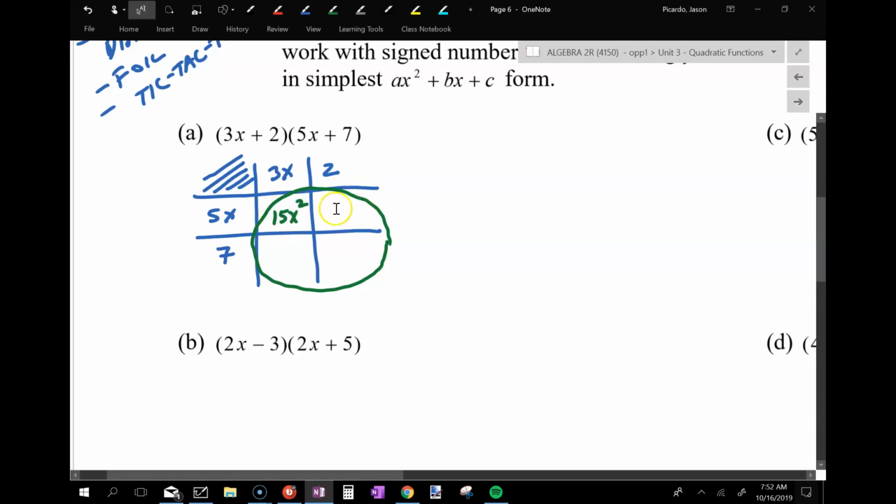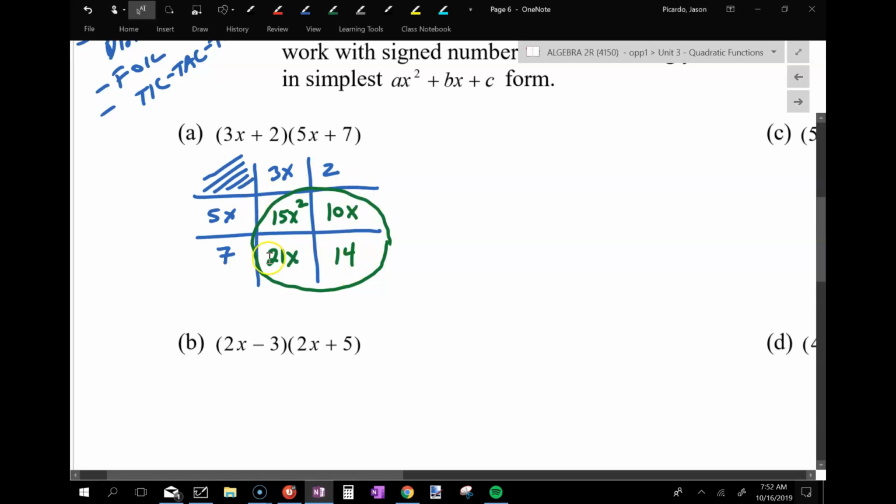Which two things make this box? 5x and 2. What's 5x times 2? All right, what two things make up this box? 3x and 7. What's that multiply to be? All right, and then what makes up this box? 7 times 2 is 14.